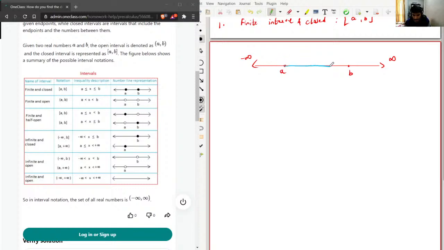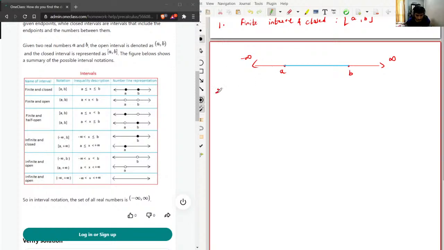So my values of the function are defined in the blue region, and a and b also satisfy the function, or the function is also defined at values of a and b. So this is the first case where we have a finite and closed interval.